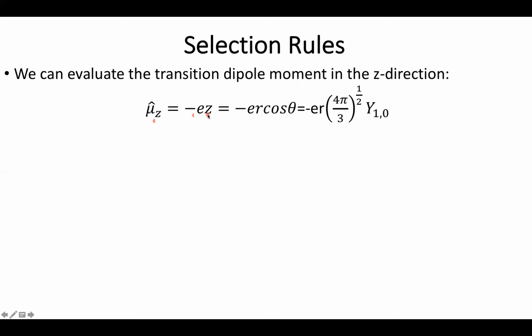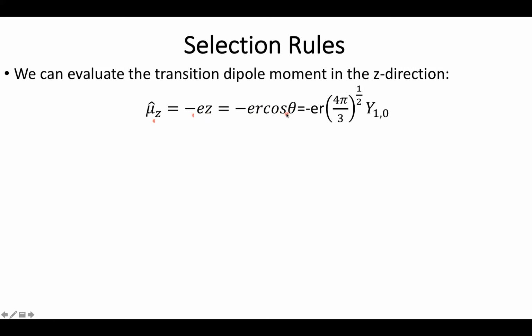But where this gets a little bit special is that I can expand z into being r times cosine theta. Because if I've got a cosine theta of 0 or pi, congratulations, I'm along the z. If I'm something else, this goes to 0. So this is a good stand-in for the z coordinate.